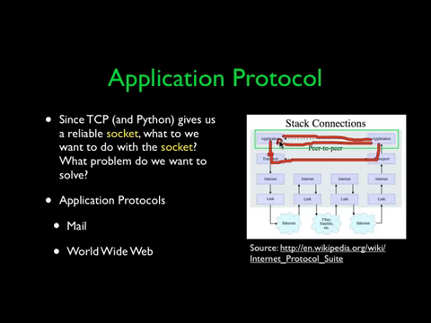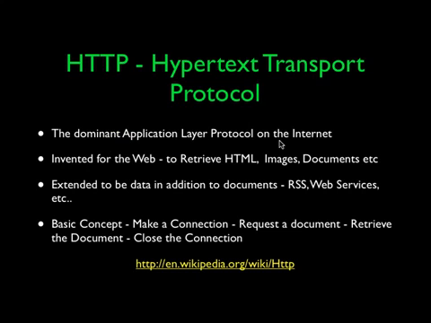But they're all application layer protocols, and you have to talk a different protocol depending on what application you're talking to on the far end. So you have to go read some documentation about the protocol. HTTP is the one we'll focus on, obviously, because the hypertext transport protocol is the dominant one on the internet. It was invented by Tim Berners-Lee and Robert Cailliau, and they were going to retrieve HTML documents. And they were in a hurry.